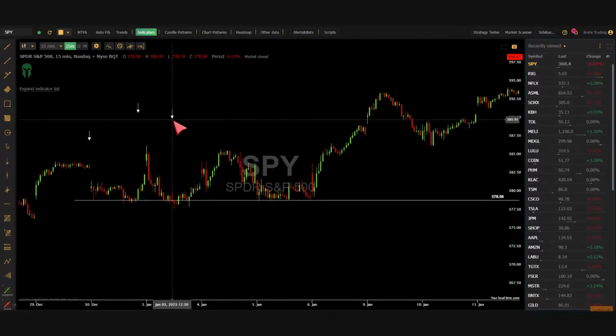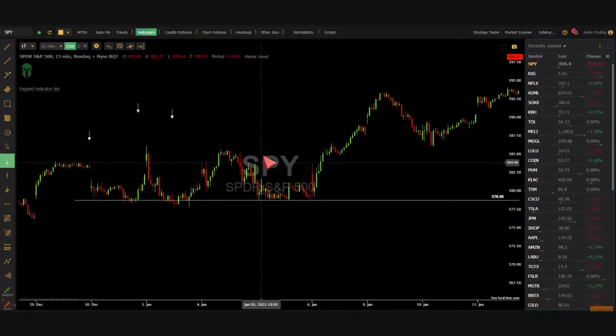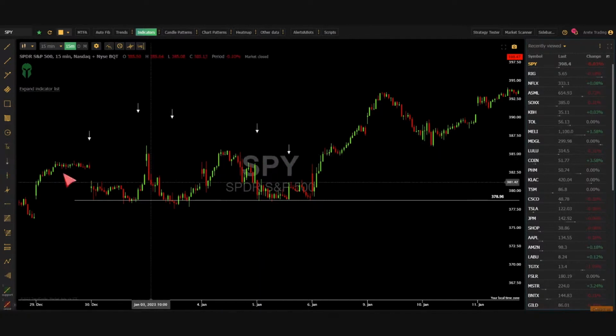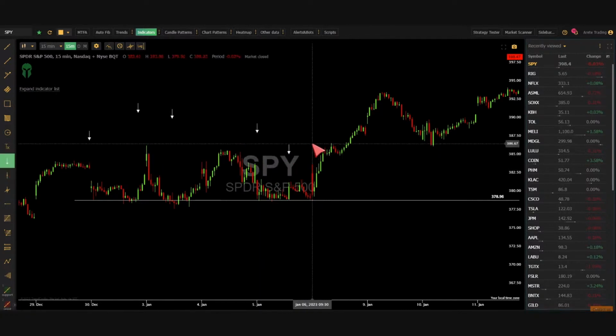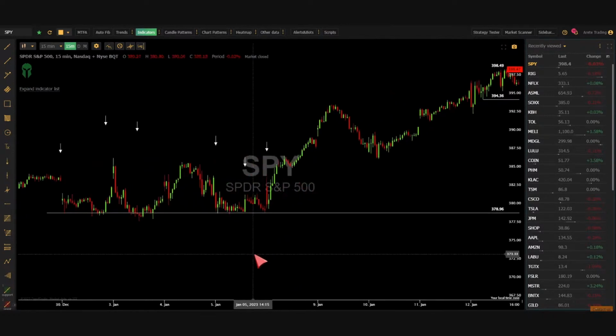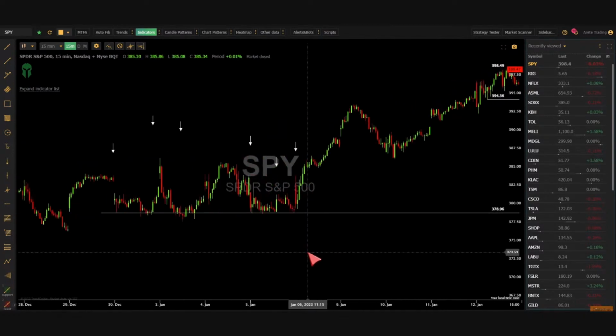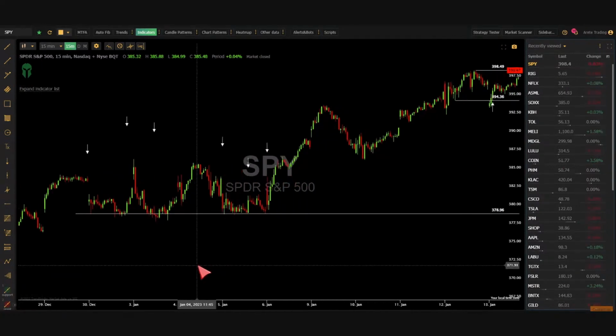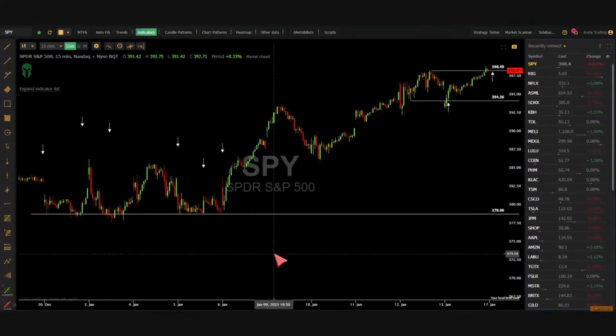That's all I'm trying to do, is to show you these areas so that you can get a sense of this. So just deal with the concept that anything that is touching more than twice is a definable area. And if you get that, then what you want to do is be playing support levels for bounces and resistance levels for sells.